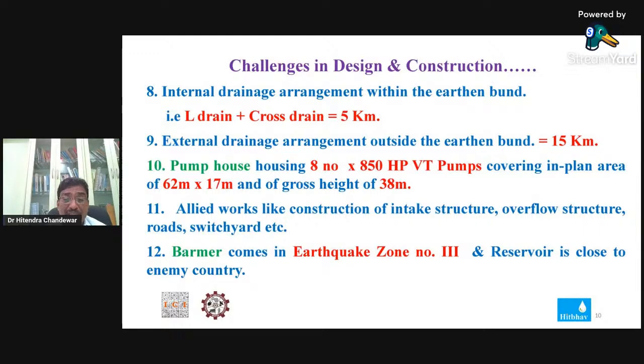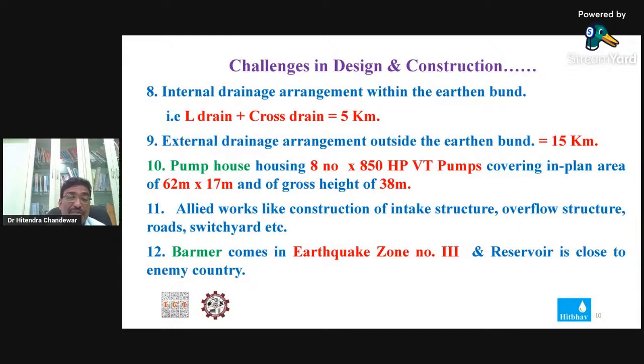There was a pump house, because water is coming from the factory and has to be sent to the water treatment plant, WTP. The work involves the installation of 850 HP vertical turbine pumps.